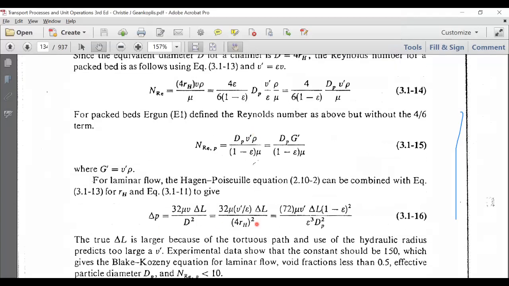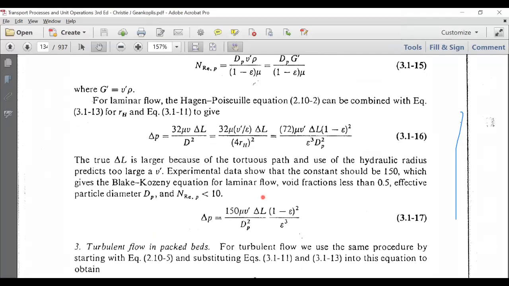3.116 here, or 3.117 here. You can use this, or you can use this. But the equation in 3.117 is only valid for laminar flow with void fraction less than 0.5.